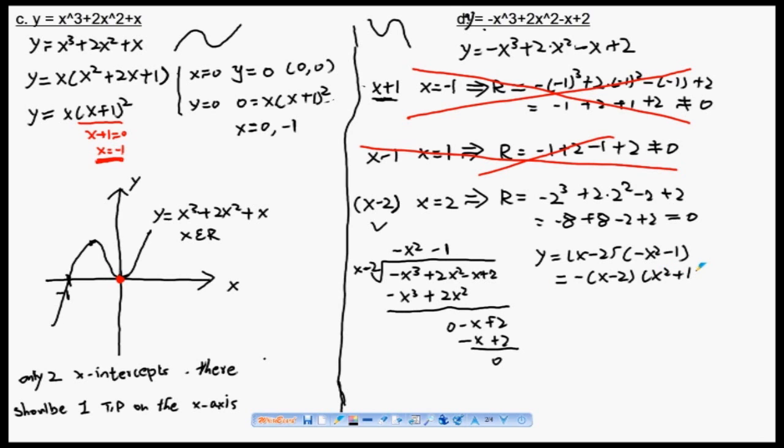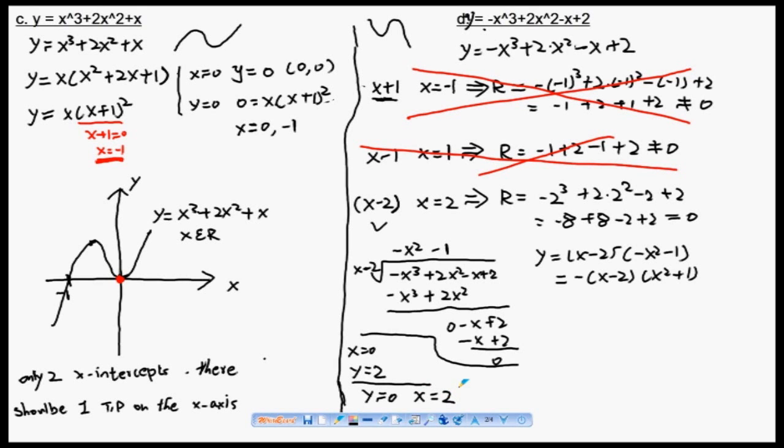Let's find the x and y intercepts. When x equals 0, y will be 2. That's our y-intercept. When y equals 0, x will be 2.